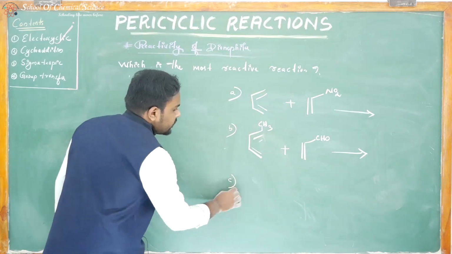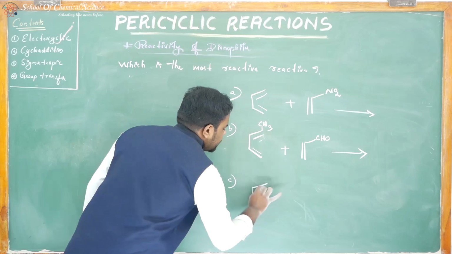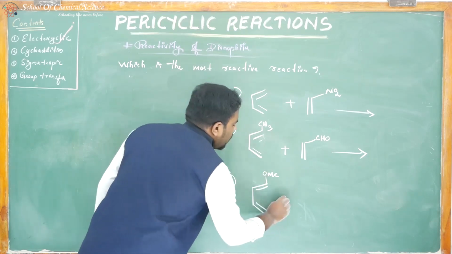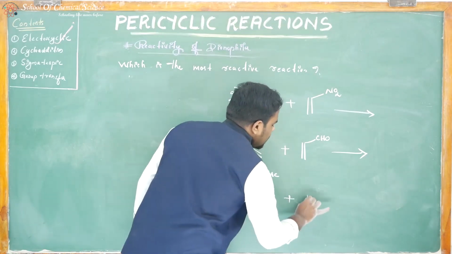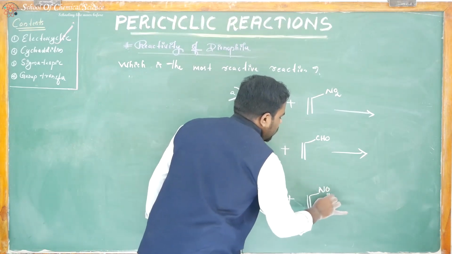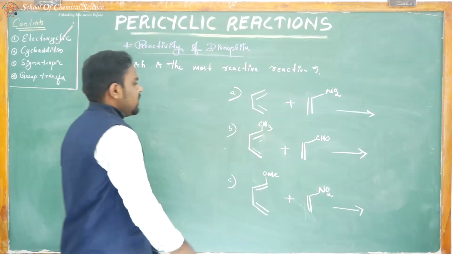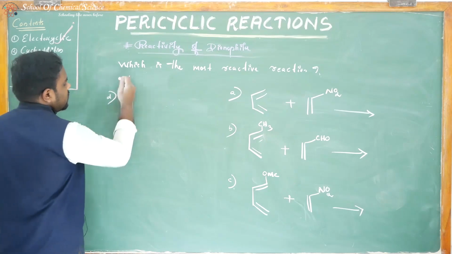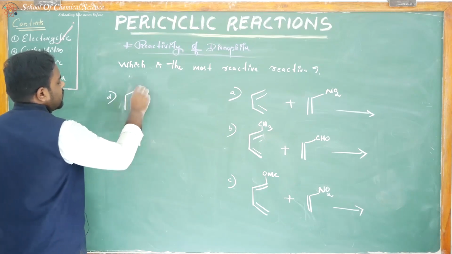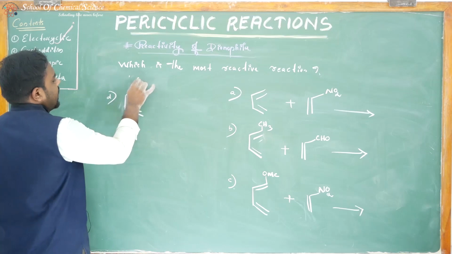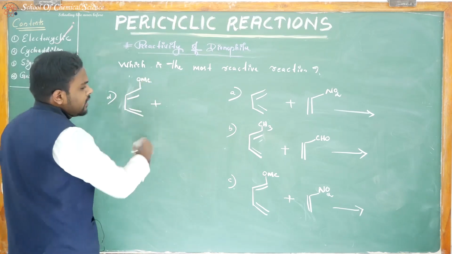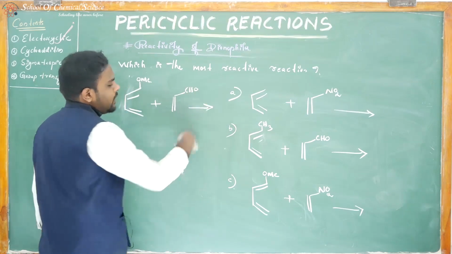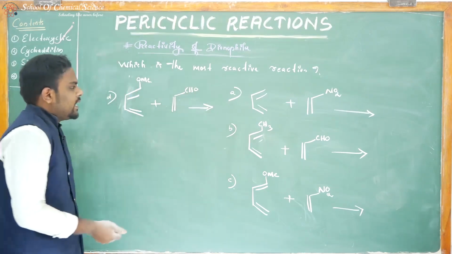Then option C, a diene containing an electron donating group OMe plus an electron withdrawing group NO2. This is option C. Then option D, a diene containing a donating group OMe plus CHO. So which is the most reactive?